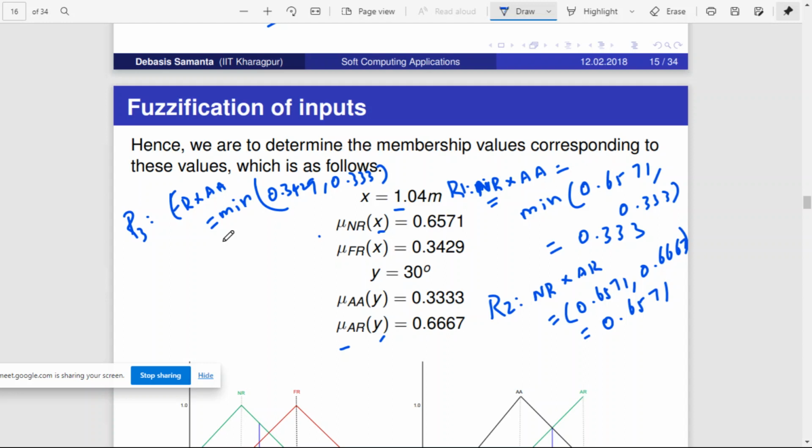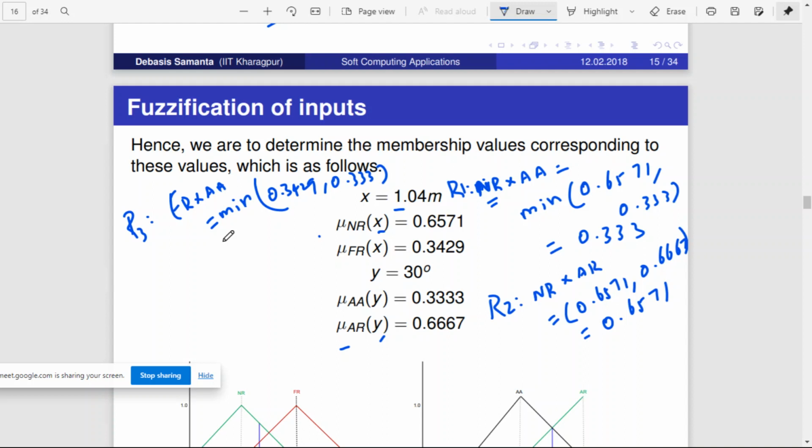Similarly, rule 4. Rule 4 is what? FR and AR, which is nothing but the minimum of 0.3429 and 0.6667. So what is the minimum? 0.3429. Okay, right?